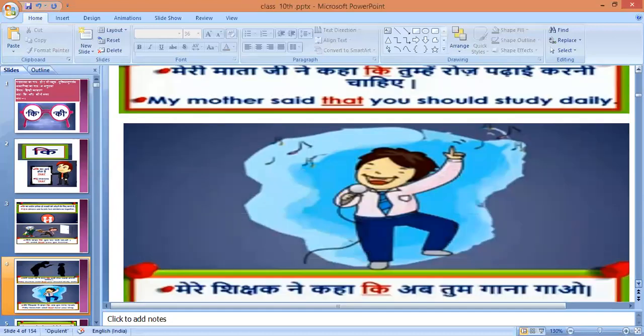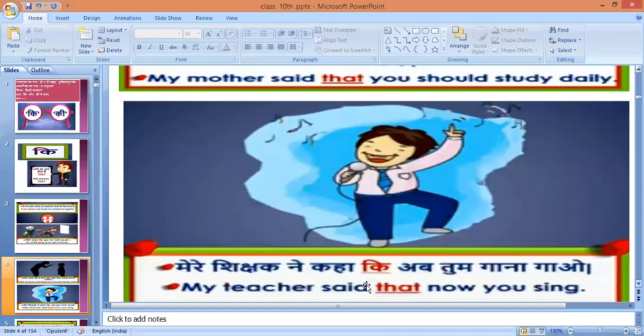One more example here: मेरे शिक्षक ने कहा कि अब तुम गाना गाओ. My teacher said that now you sing. So wherever we use the short pronunciation key here, there we have used 'that'. So it is clear, I think.